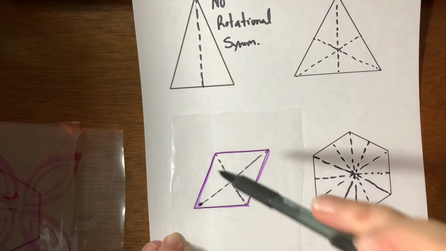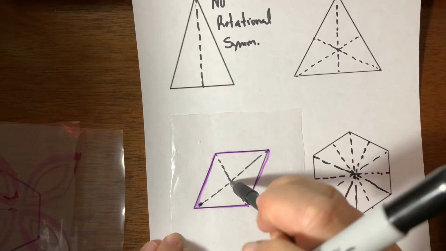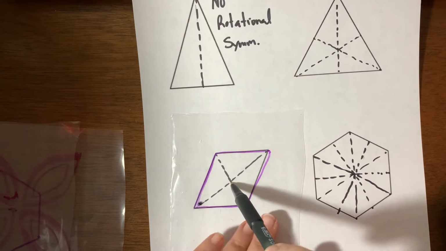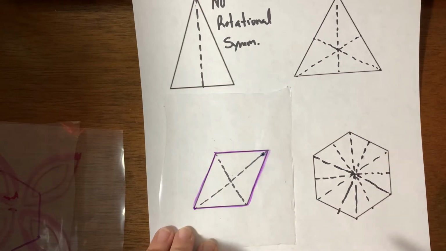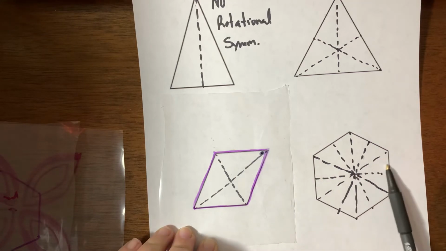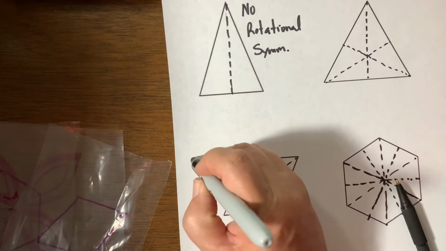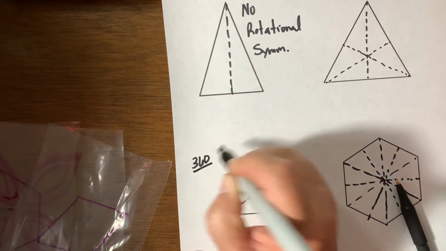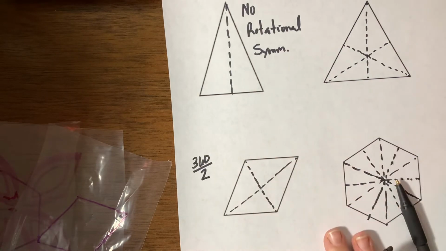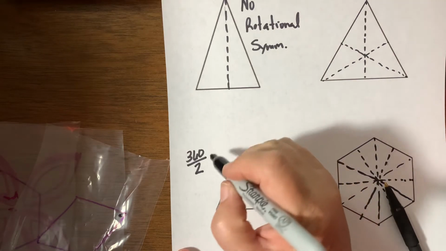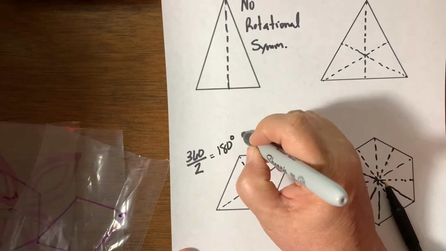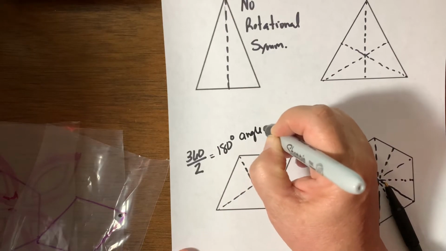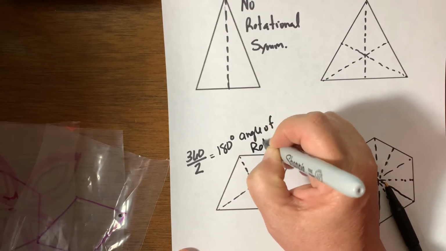Let me hold it down so it's easier to turn. There's one time it mapped itself, and then there's another time that it mapped itself. So it takes 2 turns. So you take 360 degrees, divide it by 2, because I had to turn it twice, and we have 180 degrees for our angle of rotation.